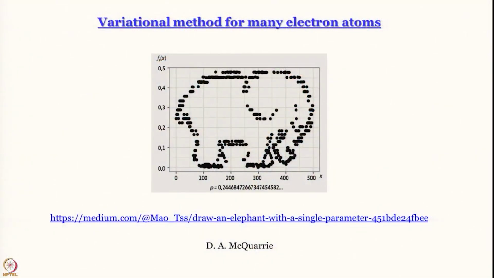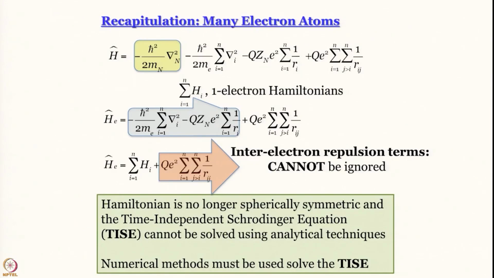Last day we had talked about the perturbation theoretical treatment of atoms. Today we will talk about variational methods, and we will need maybe 1 or 2 more lectures before we can complete our discussion of atoms. Okay. So, to recapitulate, we now are sufficiently familiar with the Hamiltonian of many electron atoms. We know that it is a sum of n number of 1 electron Hamiltonians, and there are these nC2 combinations of electron-electron repulsions.